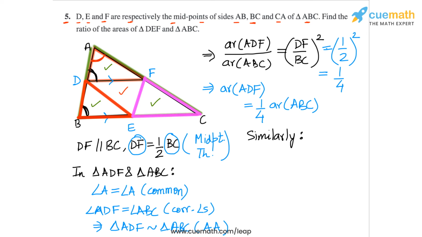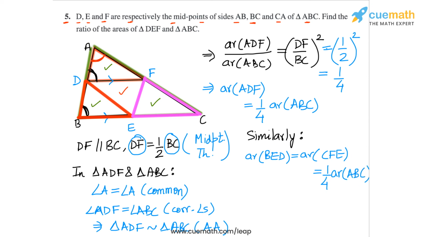This would also be 1/4 of ABC. So let's write these arguments. So similarly, the area of triangle BED and the area of triangle CFE, these two areas will also be equal to 1/4 the area of triangle ABC.